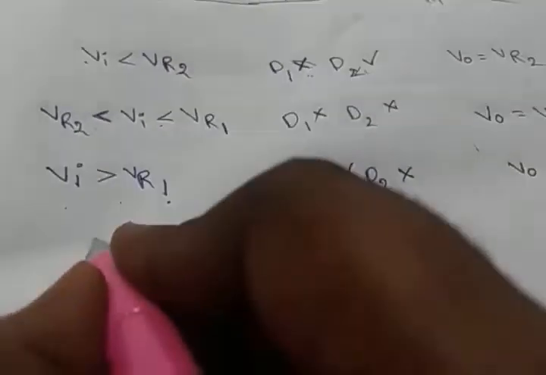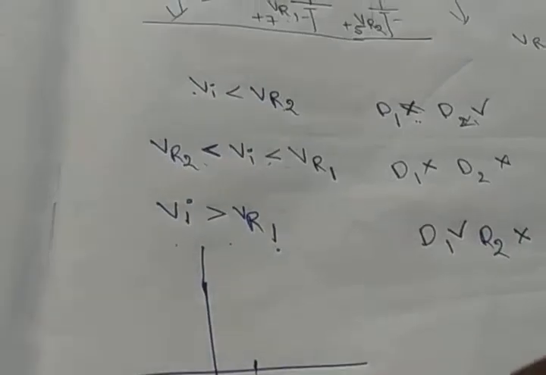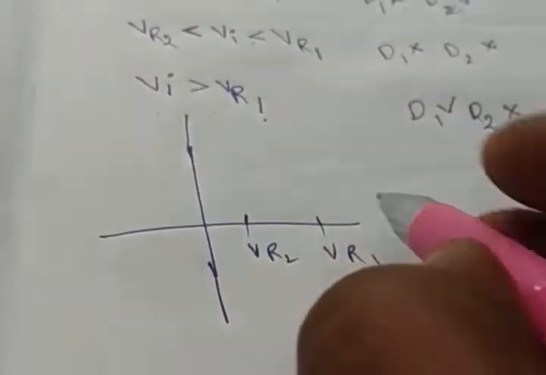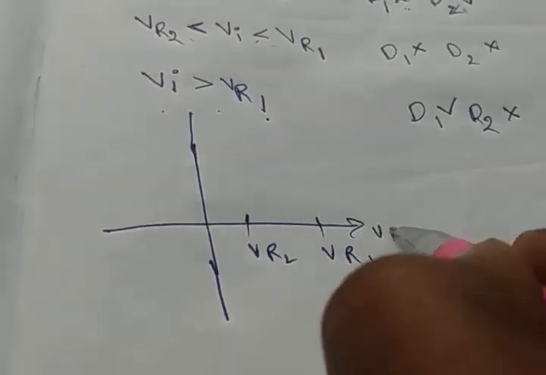So let's see the transfer characteristics. This is VR2 and this is VR1, which is greater. Along the Vi axis, for Vi less than VR2, the output will be equal to VR2.